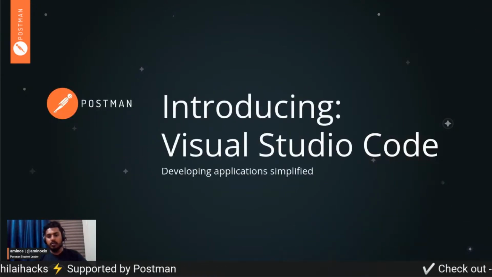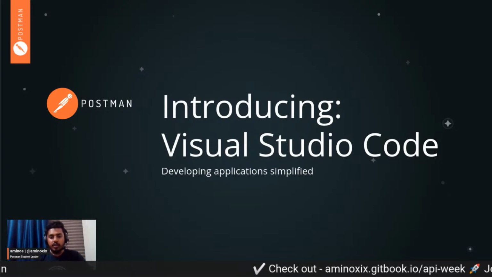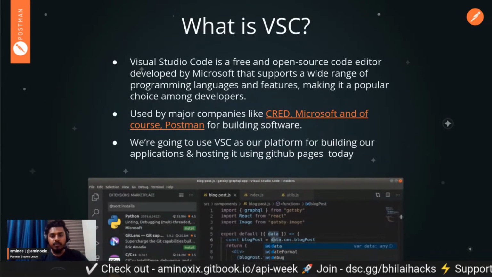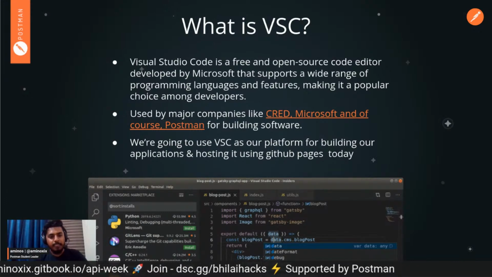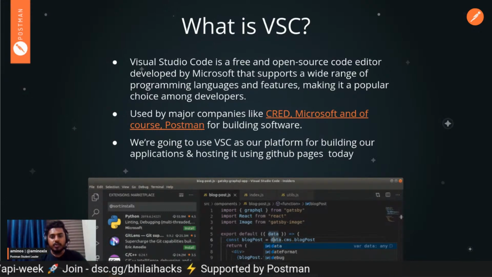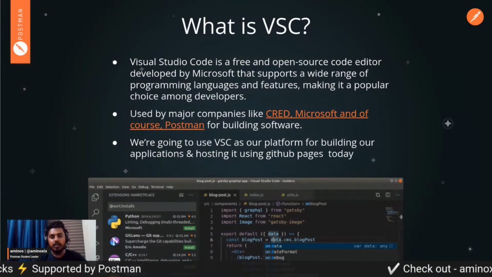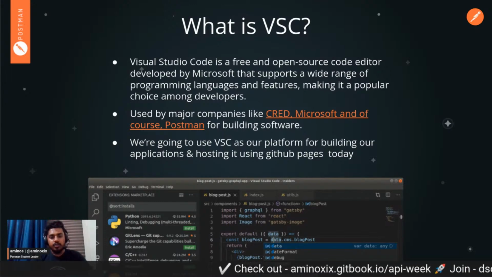Moving ahead, let's get introduced to Visual Studio Code, which is mostly for developing applications in a simplified way. A little bit about what VSC is: Visual Studio Code is a free and open source code editor developed by Microsoft that supports a wide range of programming languages and features, making it a popular choice among developers.